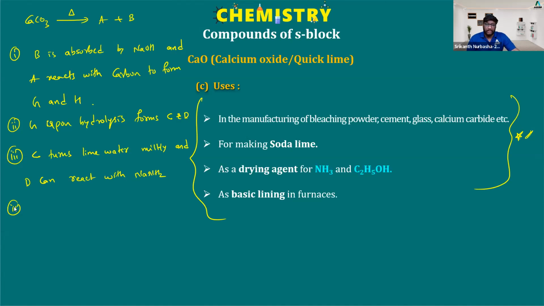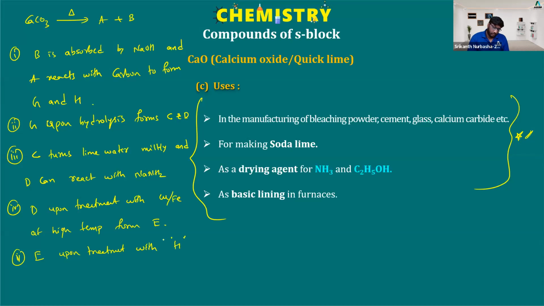D upon treatment with Fe or copper at very high temperature forms E. E upon treatment with H forms F. You try to figure out what A, B, C, D, E, F, G, H are.